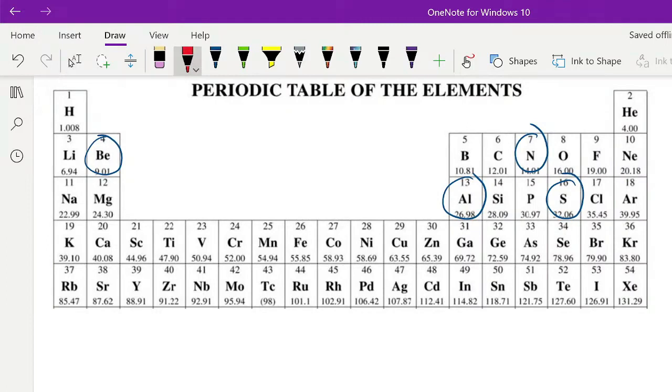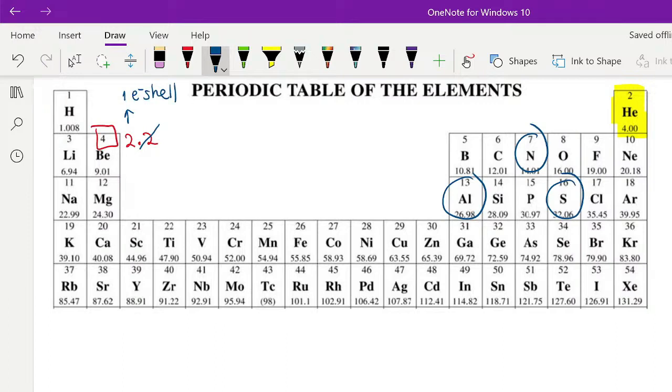It means, like beryllium, it has 4 electrons, so the electron configuration is 2.2. It's not stable. How does it become stable? It wants to adopt the electron configuration of the nearest noble gas, which is helium in this case. So it needs to lose 2 electrons, becoming beryllium 2+. That means beryllium only occupies 1 electron shell.